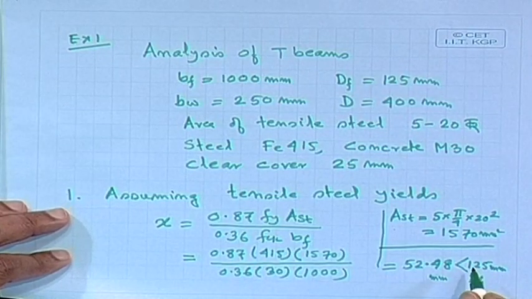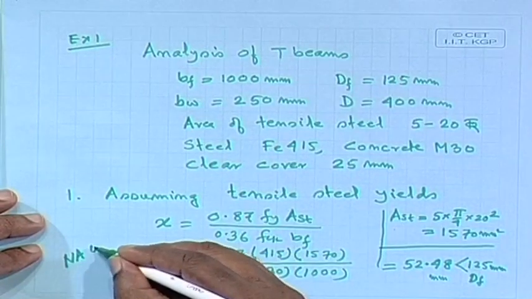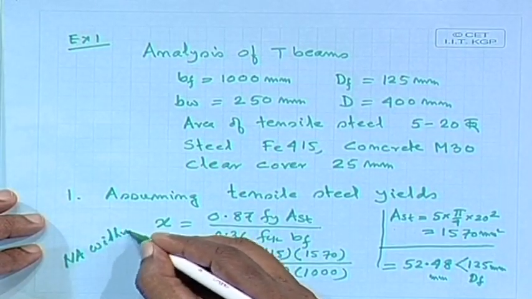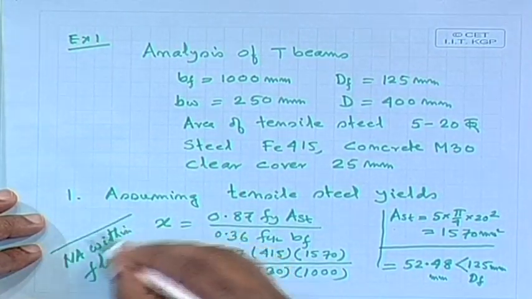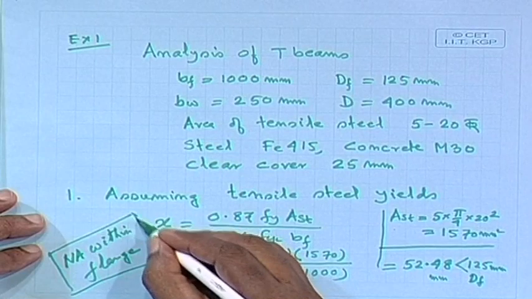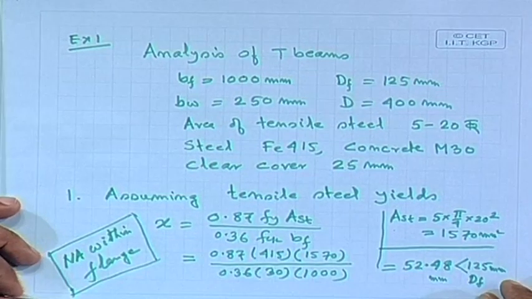So, neutral axis is within the flange. Okay, so neutral axis within flange.